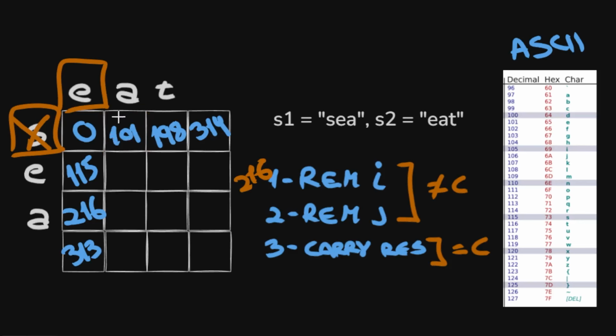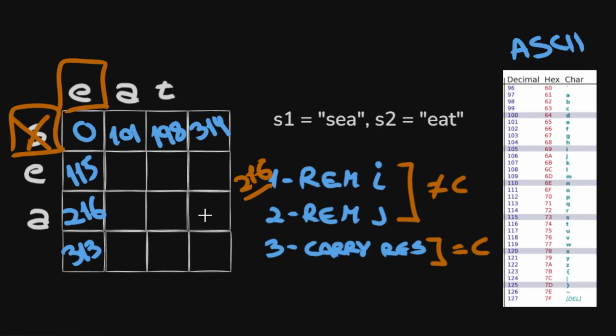Well, remember that here we store the scenario in which we take the first character from S2 and no character from S1. And this is exactly what we want in this scenario in this cell. So if we decide to remove i, given that we only have 2 characters in this scenario, we also have to remove E. And this is exactly what we did here. That's why we take the accumulated number plus the code for the character that we are removing now.